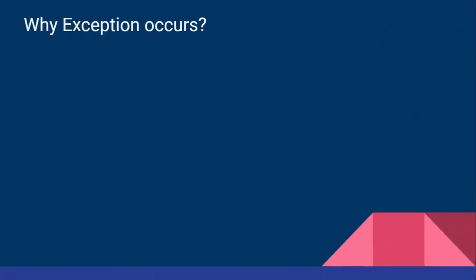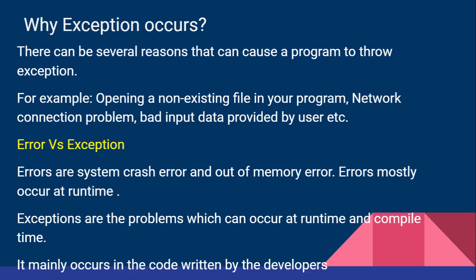And now let us see why the exception occurs. There can be several reasons that can cause a program to throw an exception. For example, opening a non-existing file in your program. When you are opening a file which does not exist, an exception may be raised.